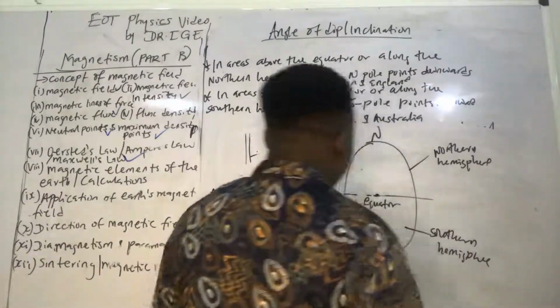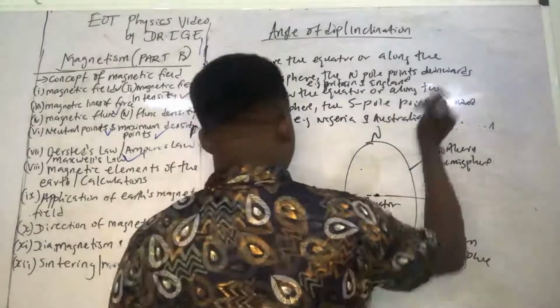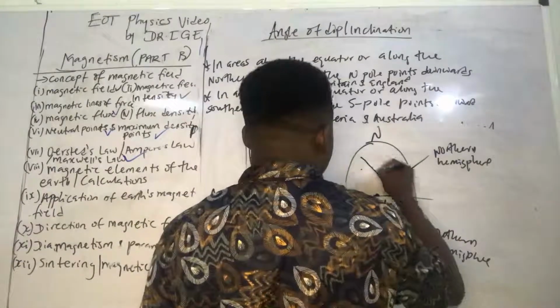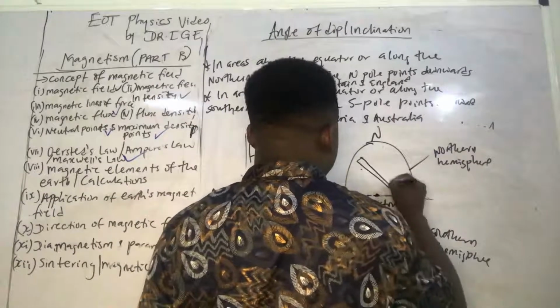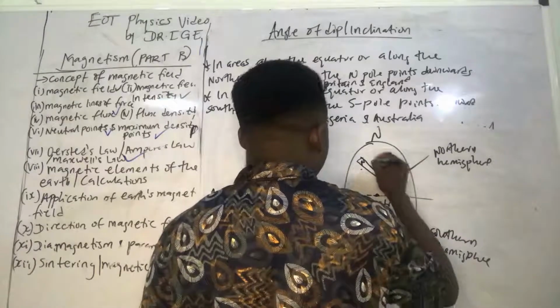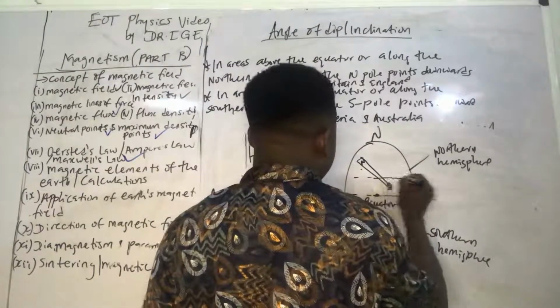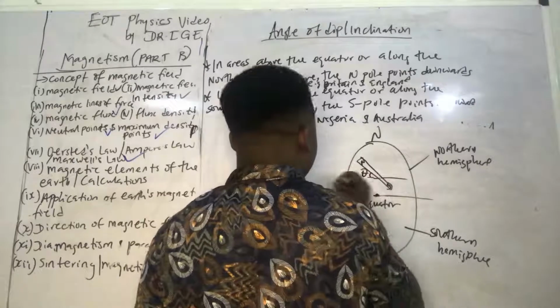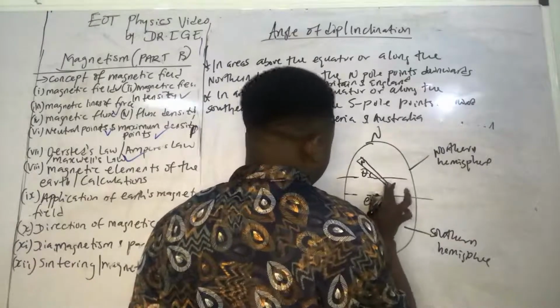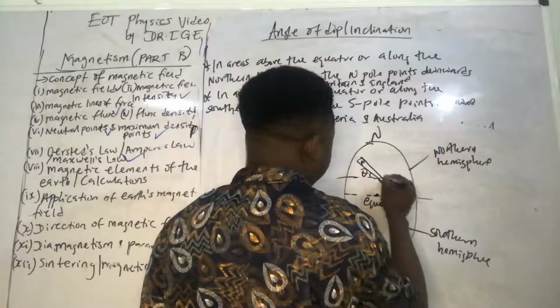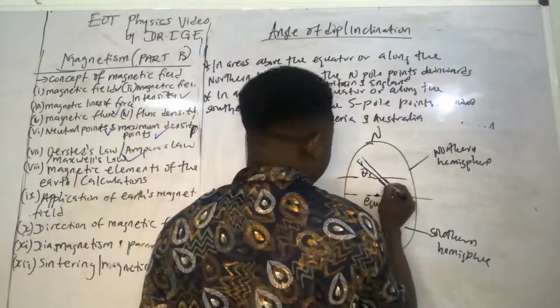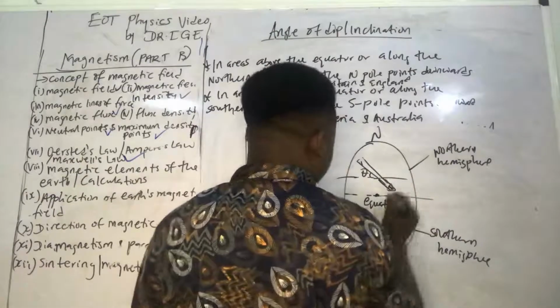So if the place we are talking about is in the northern hemisphere, remember we are talking about the fact that the magnet will have an angle of tilt to the horizontal, right? And then in this northern hemisphere, it is the north pole that will point downwards because it's above the equator.